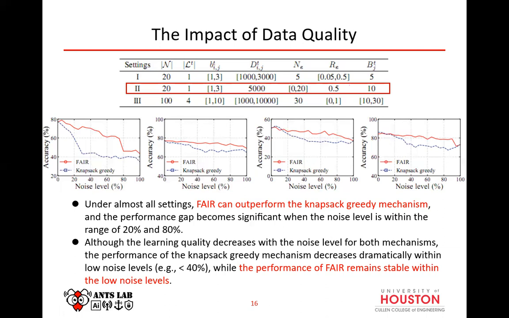Okay, thank you. But if you check the figure, if the noise level goes to 100, it doesn't matter the quality, right? That's what they mean. 100 means that all the nodes have 5% mislabeled data. If you check figure number 3 from left to right, at 100%, the knapsack problem gradient and FAIR are the same.